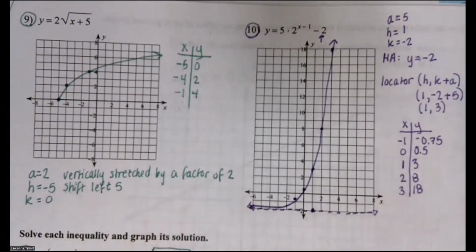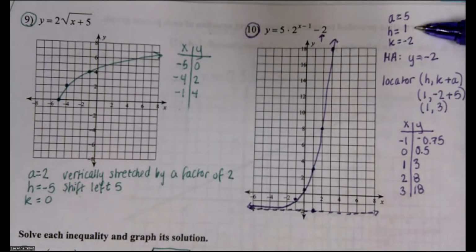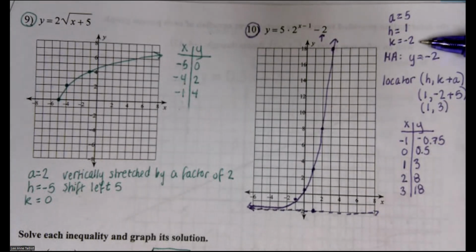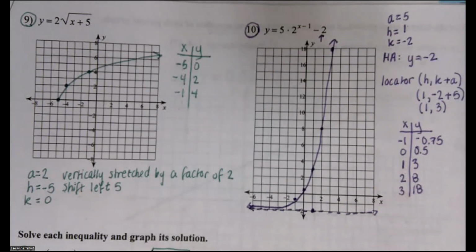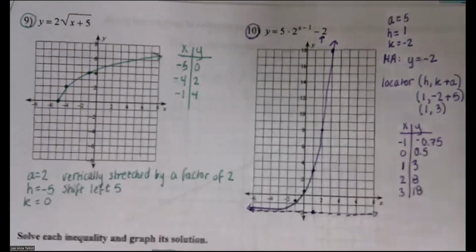Vertically stretched by a factor of five. Okay, now H is shift left or right, one. Yes, and K is down two. You were genius. Okay, now let's move on to number 12.